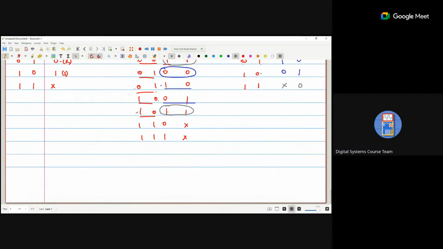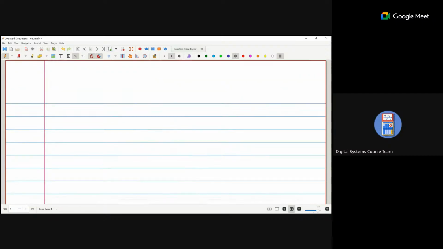Okay, similar to JK flip flop. JK, Qn plus 1: for 0 0, we are getting Qn; 0 1, 0; 1 0, 1; 1 1, Qn bar.